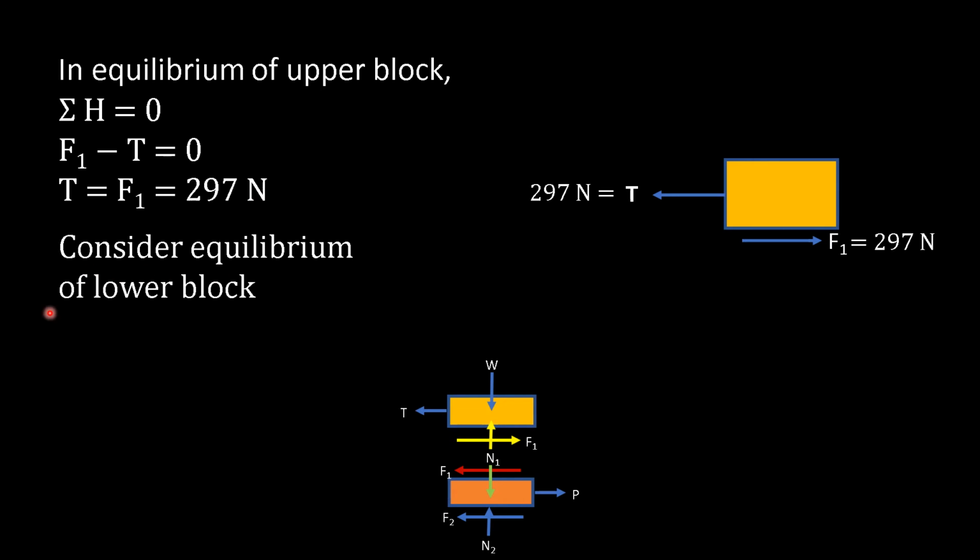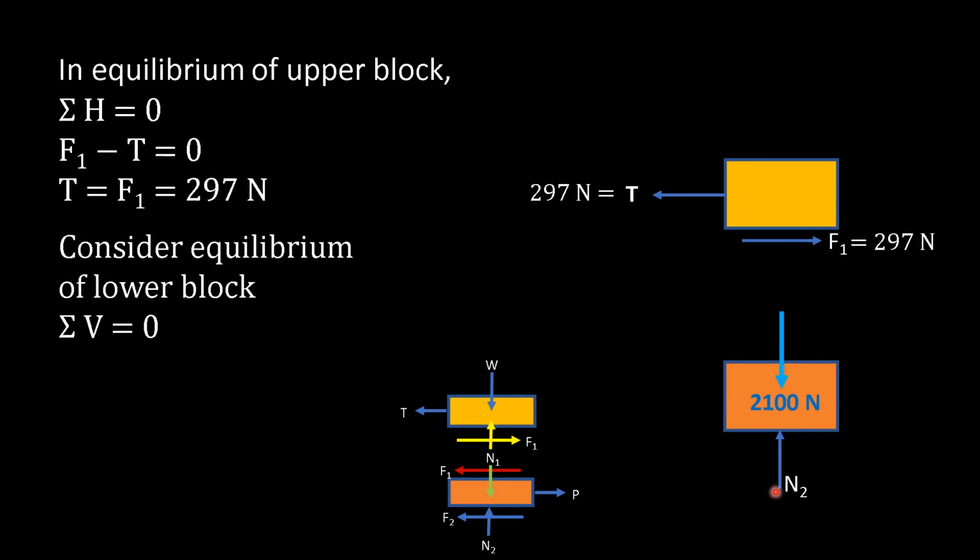Consider equilibrium of lower block. Summation of vertical forces equals 0. N2 minus 2100 minus N1 minus 1100 equals 0.